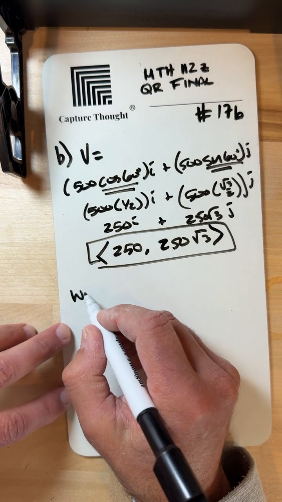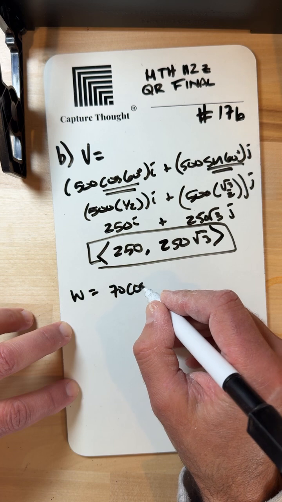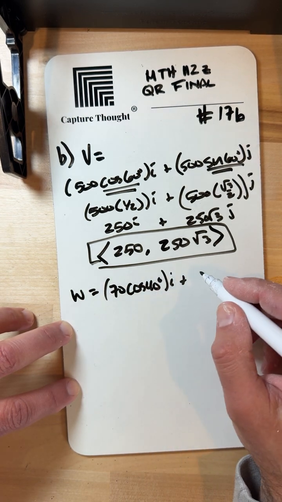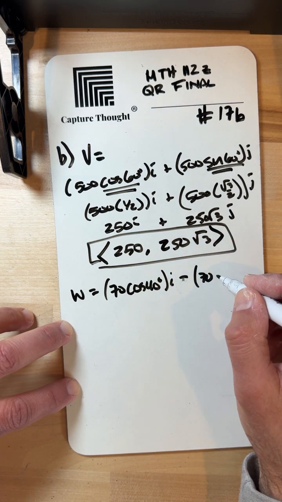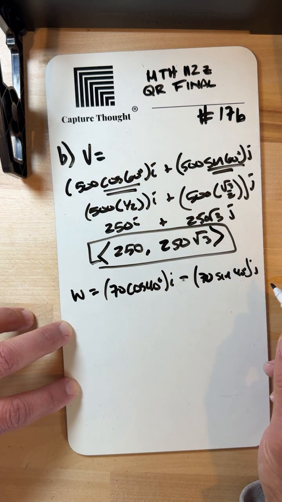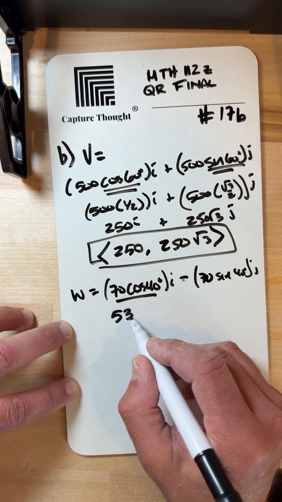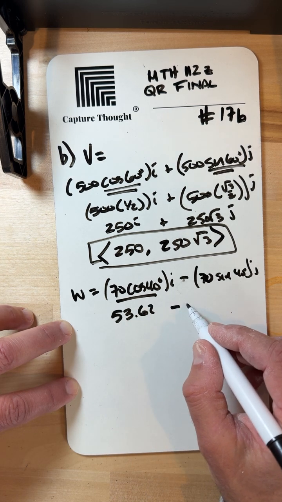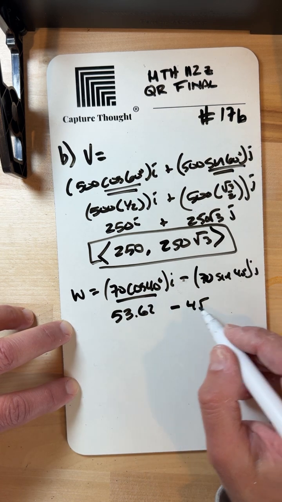So W was going to be 70 cosine 40 in the I direction, and then minus, because we know it's negative, 70 sine 40 in the J direction. When you plug this into your calculator, you should end up with 53.62, and then when you plug this in the calculator, you should have negative 45.00, rounded.